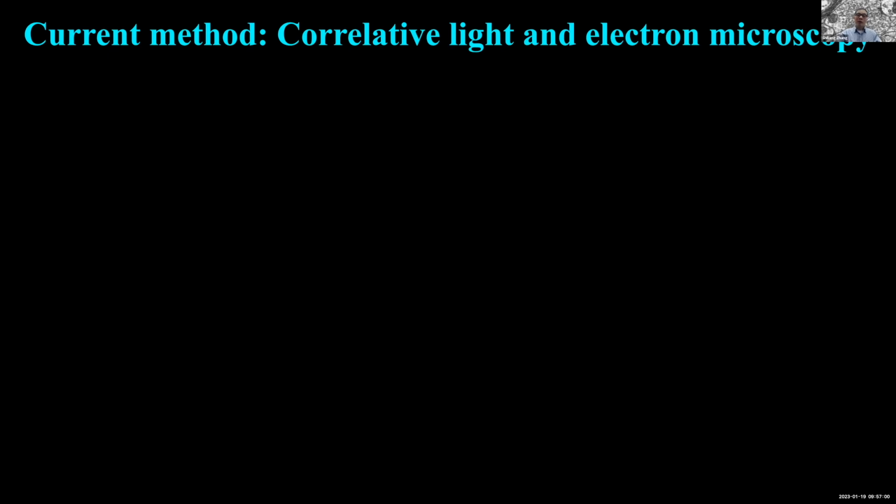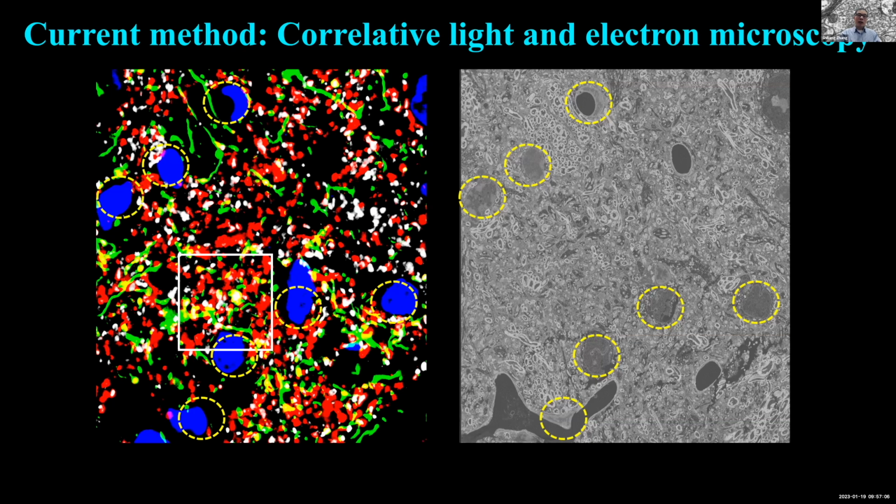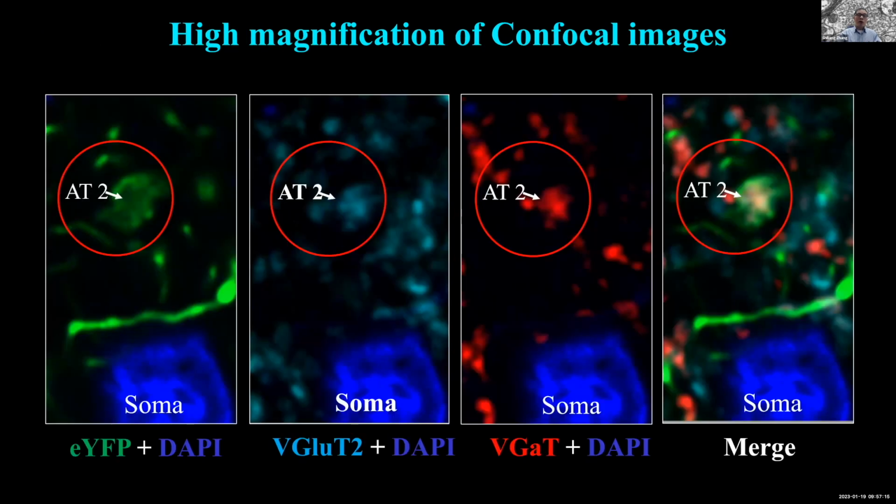I don't have time to present the details, but I want to show we successfully got this method to work. We can correlate the low magnification confocal image and the EM image, and at high magnification we can label the axon terminals with different channels.